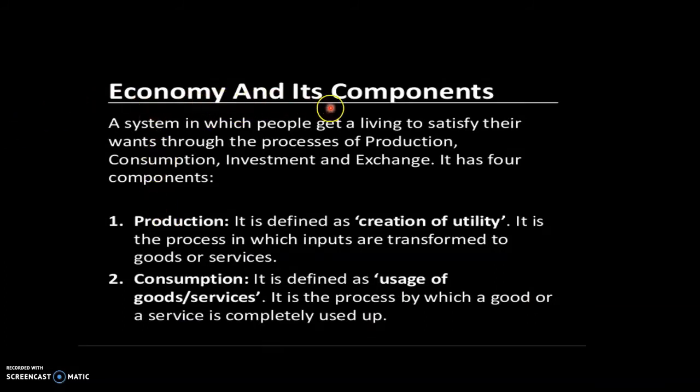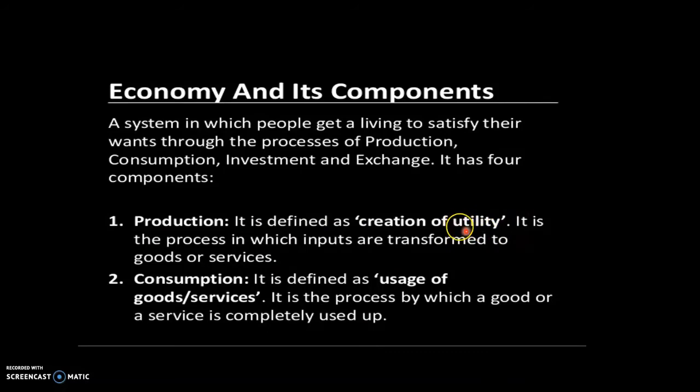Then economy and its components. An economy is a system in which people get a living to satisfy their wants through the processes of production, consumption, investment, and exchange. And this economy has 4 components. First one, production. It is defined as the creation of utility.